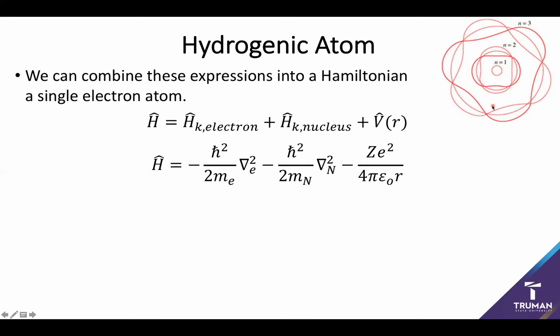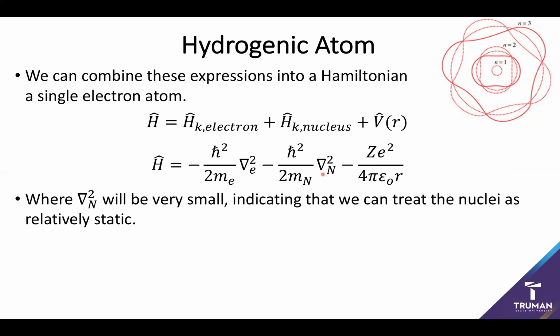So we can then substitute in each of our terms, and we have a more general expression for our Hamiltonian. However, one of the things that is worth noting is that it turns out with our big, heavy nuclei and a fairly slow change, and a fairly small second derivative for the nuclear components, we can actually treat the nuclei as being relatively static.